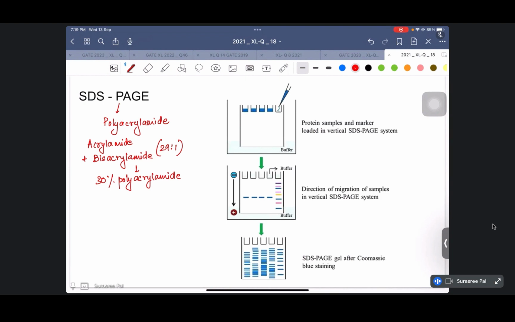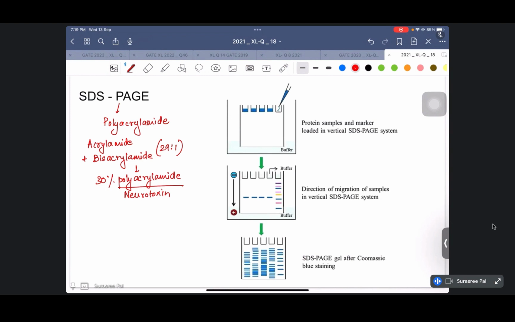Also remember that polyacrylamide is a neurotoxin, so it has to be handled with care. Whenever we use it in our labs, we should always wear gloves while handling polyacrylamide. So this is the polymer that forms the gel.